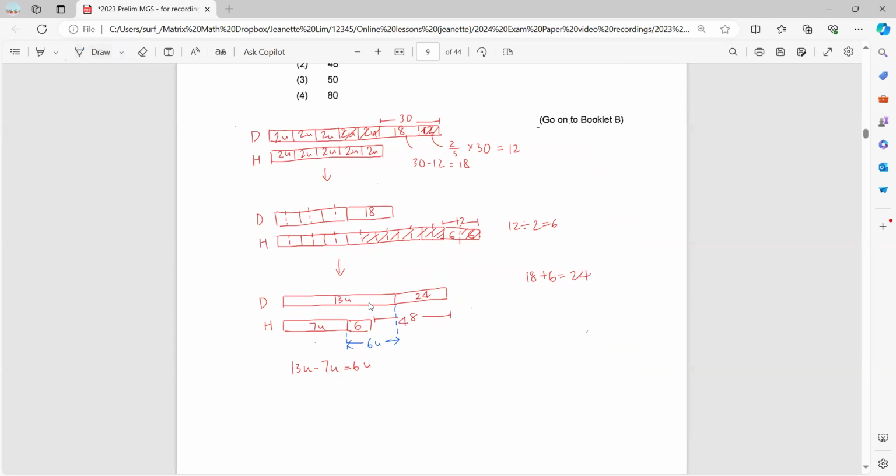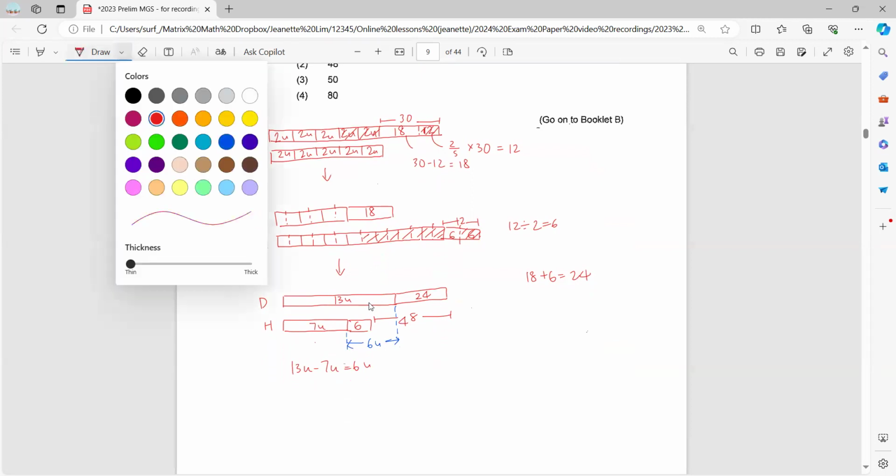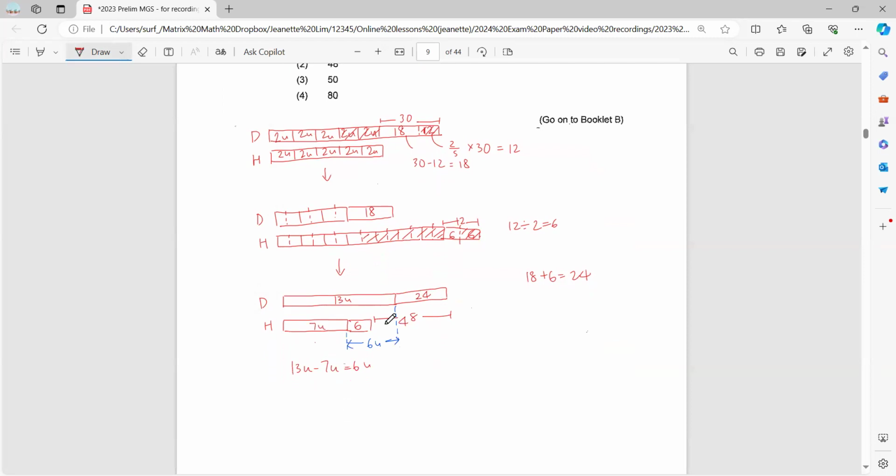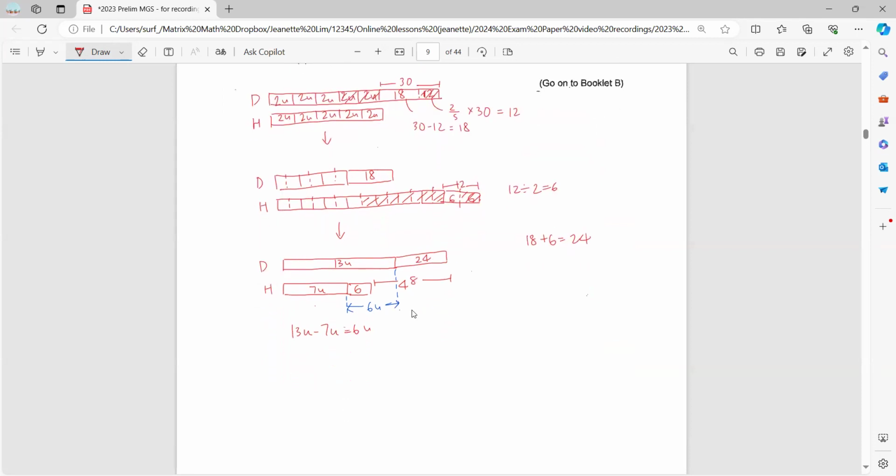So to find this 6 units, we'll take 6 plus 48 minus 24. Okay, so 6 units, 6 plus 48 minus 24, which is 30. Then 1 unit is 30 divided by 6, which is 5.